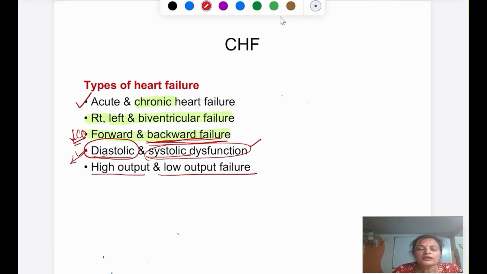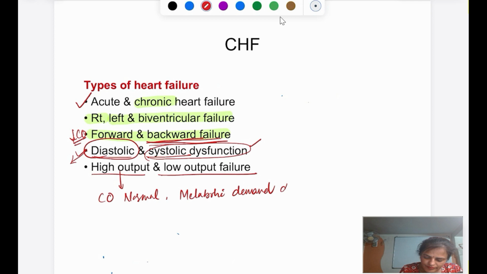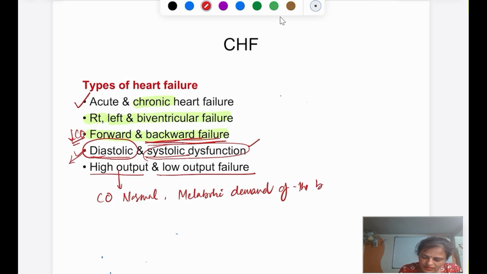In high output failure, the cardiac output is normal, but the metabolic demand of the body increases. Cardiac output does not have any problem.